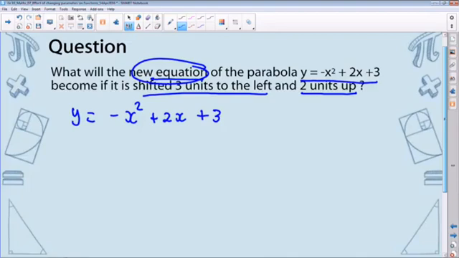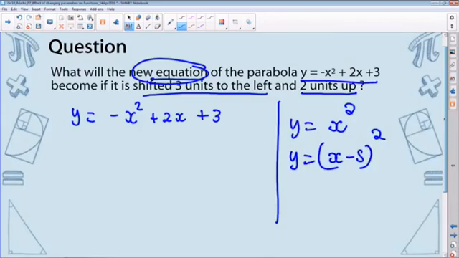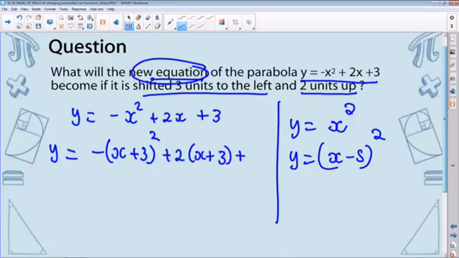Remember, you have y equals, for instance, x squared. If I'm moving it maybe 5 units to the right, this is going to be y equals (x minus 5) squared. And you see that the one that is affected is the x. So now we're moving it 3 units to the left, okay? So this is going to be y equals minus bracket (x plus 3) squared plus 2(x plus 3) plus 3.